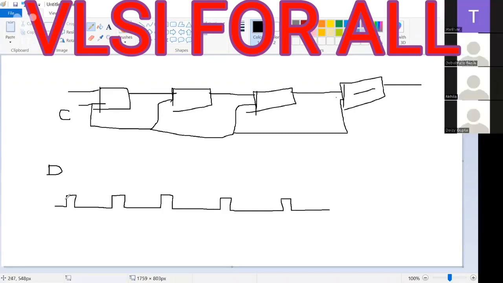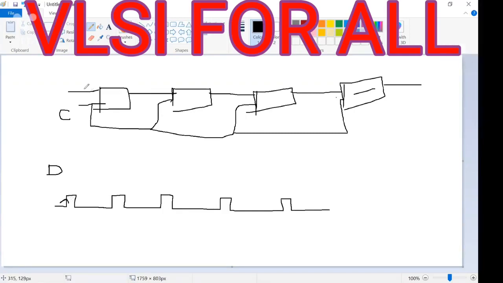So in the first clock cycle, this value will be captured here. Correct or not? Does everyone agree that in the first clock cycle, this D will be captured into Q3? Yes, sir.